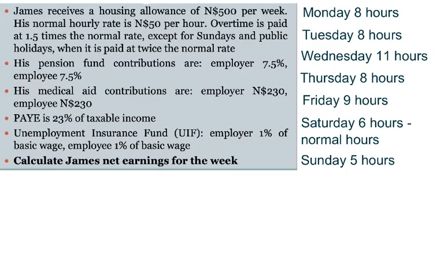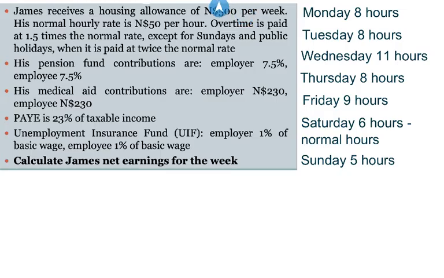We can quickly read through this exercise and then we can start to do the calculations. Now, in this exercise, James is our employee or worker, and he receives a housing allowance. Remember, a housing allowance is one of those allowances that a person can get. Sometimes it's in the form of cash. For James, it was in the form of cash, but it can also be that you can stay in your employer's house.